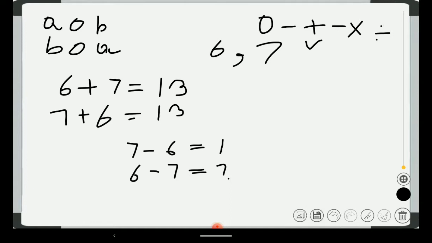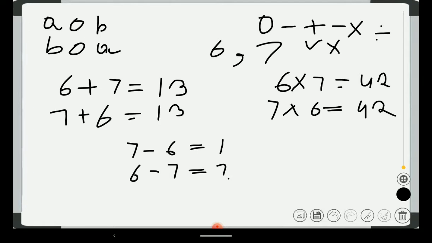As the answer is different, subtraction does not follow the commutative property. Now multiplication. 6 into 7 gives 42, and 7 into 6 also gives 42. So multiplication follows the commutative property.